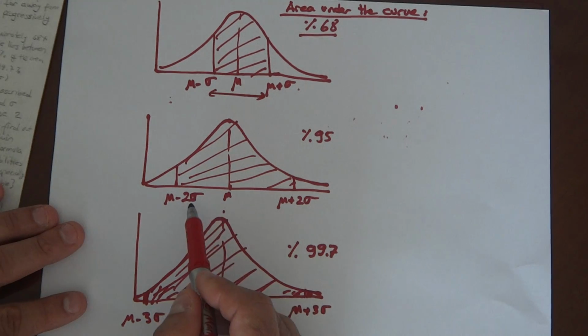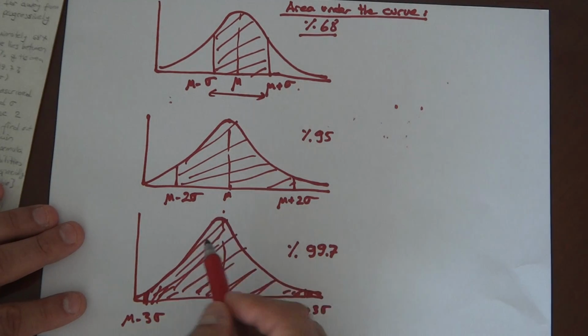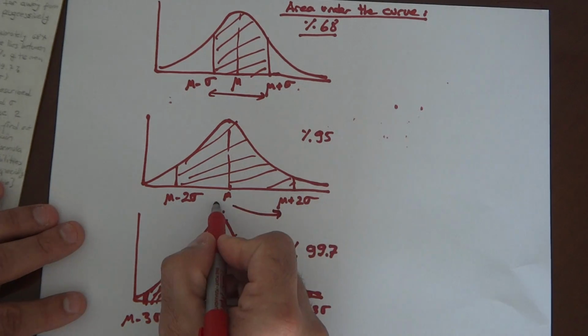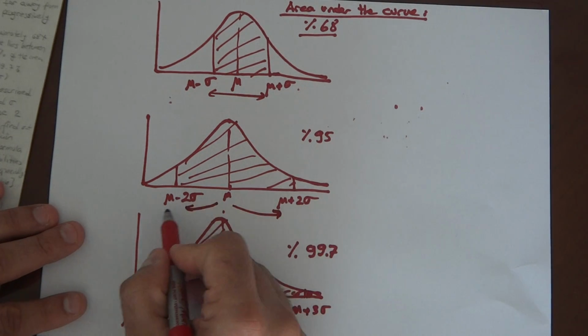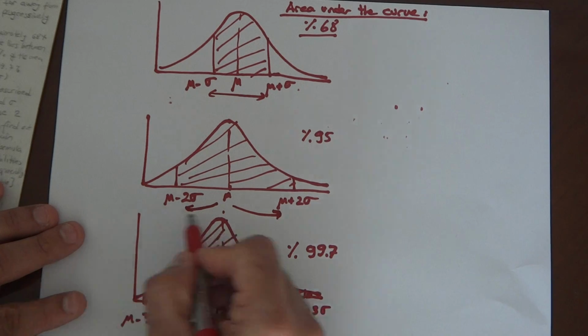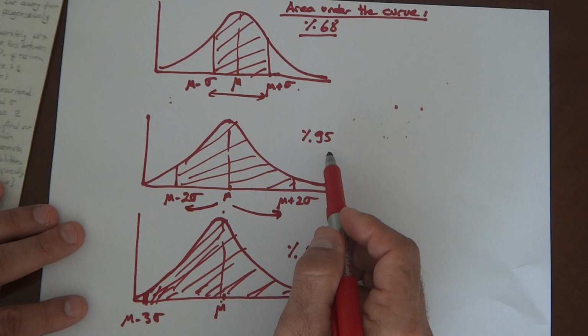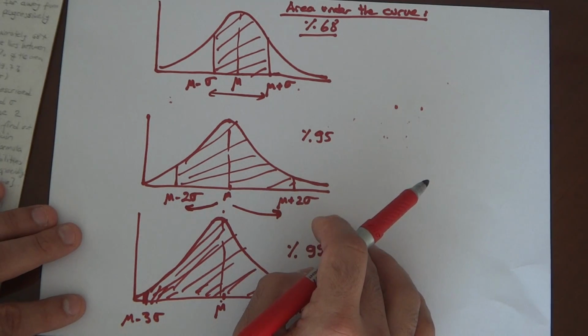If you go both ways 2 sigma, adding 2 sigma to the mu or deducting 2 sigma from the mu, you are covering 95% of the area.